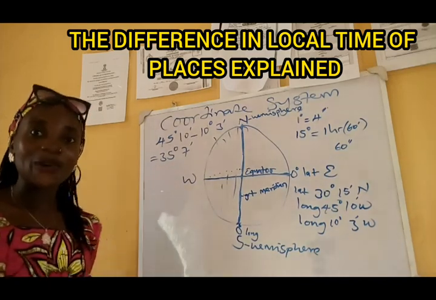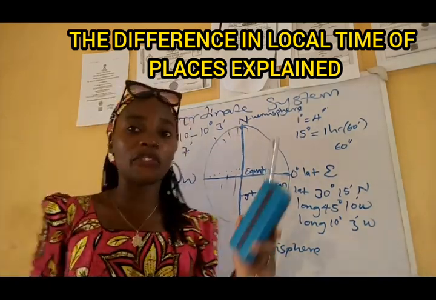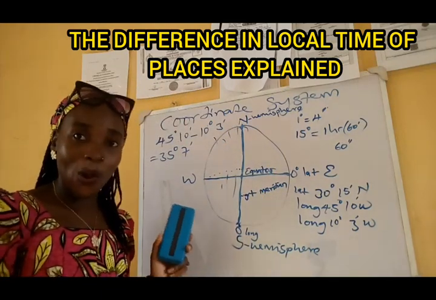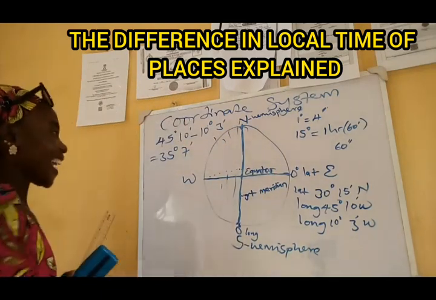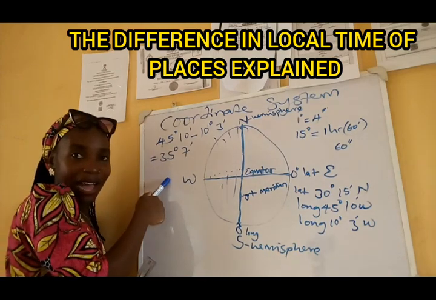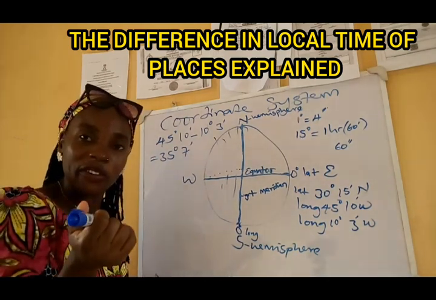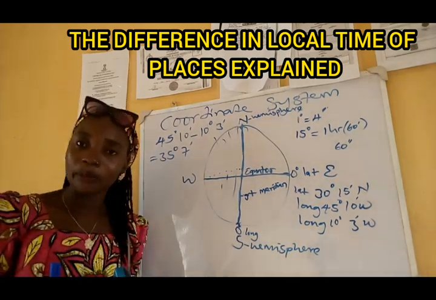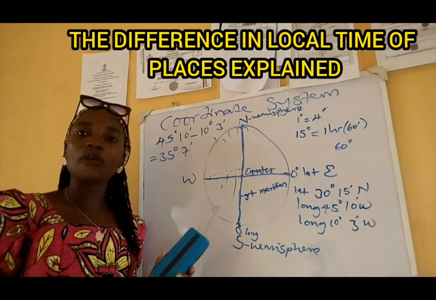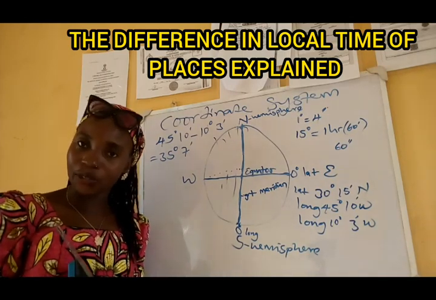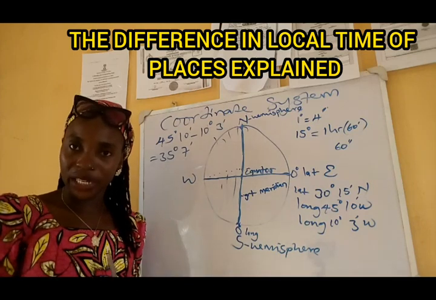Now, if every 15 degrees is 1 hour, then you have 2 hours. If every 15 degrees is 1 hour, then how many minutes will be 5 degrees?